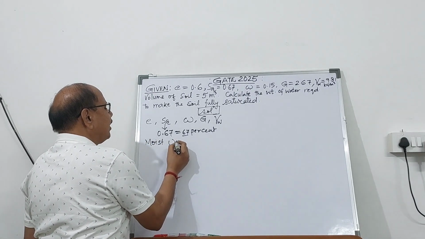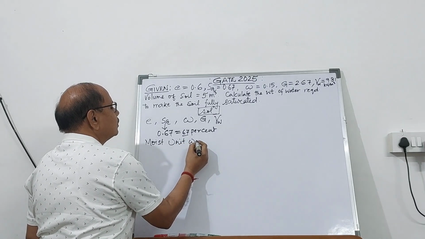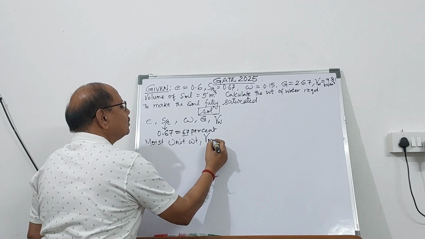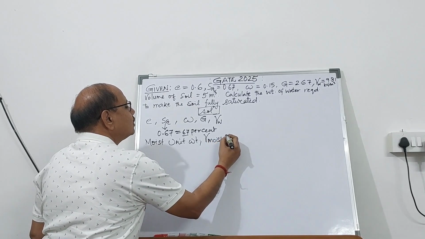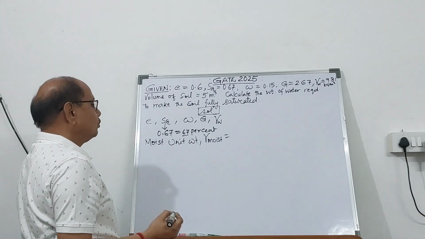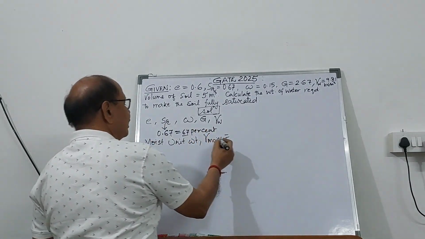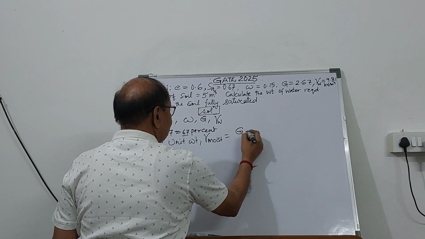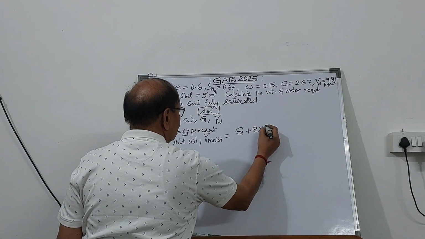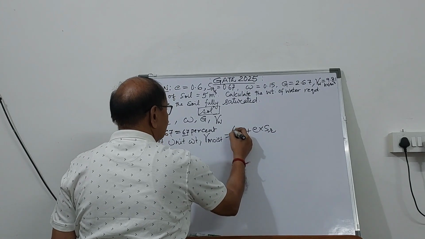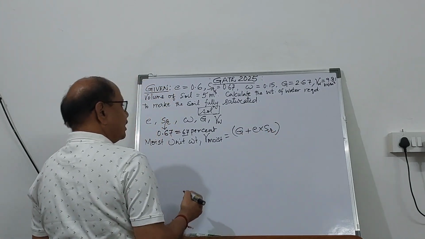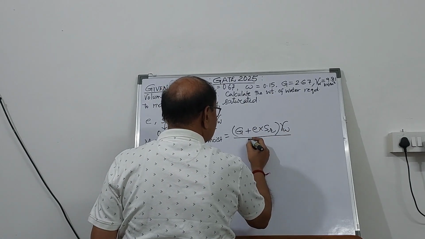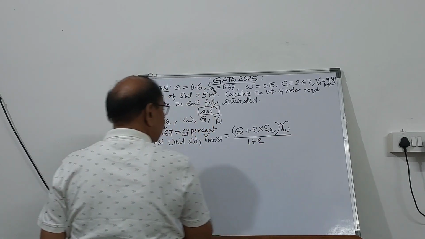So moist unit weight gamma moist can be found out from the given information. So what is gamma moist? It will be G, which is also given, G plus e into degree of saturation Sr into gamma w, unit weight of water, divided by 1 plus e.